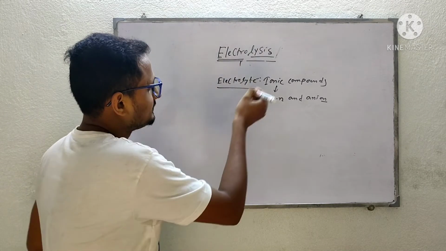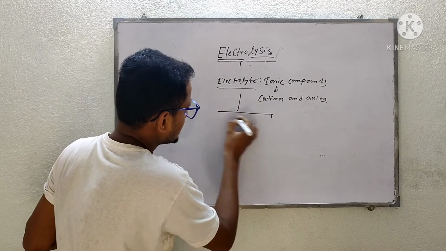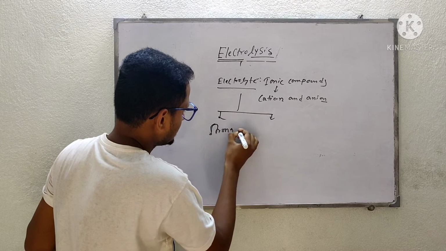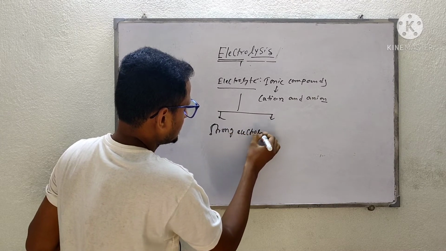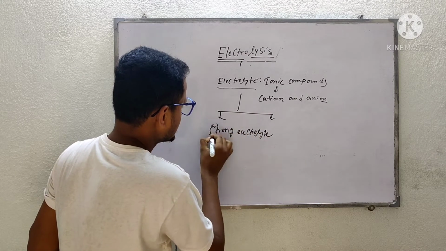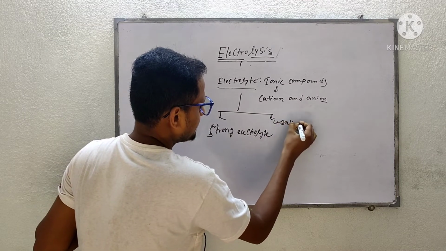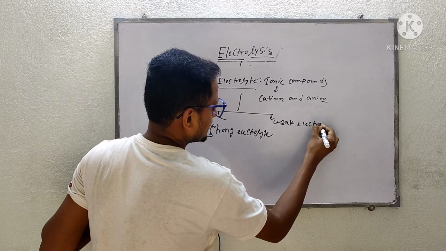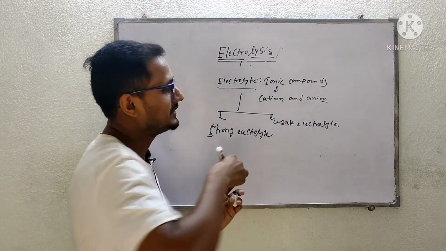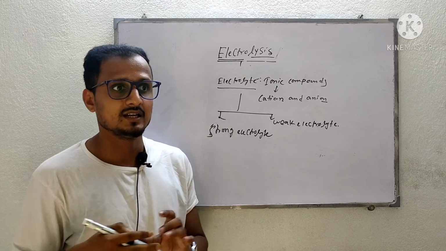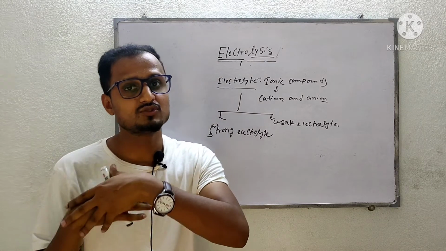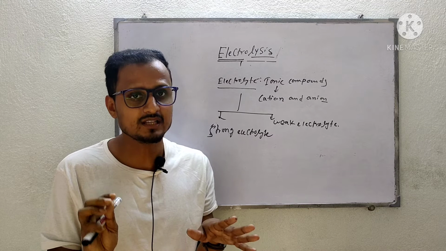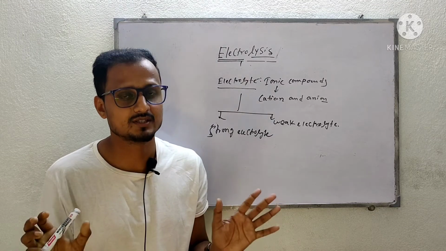Now we can classify electrolytes as strong electrolytes or weak electrolytes. Those ionic compounds which are strong electrolytes will completely dissociate in aqueous solution. That means they will completely furnish ions.